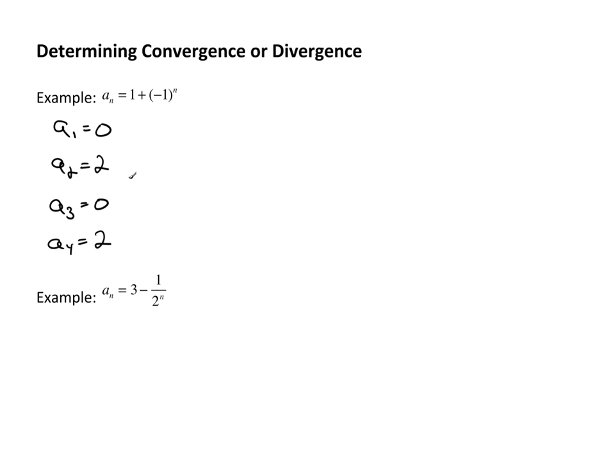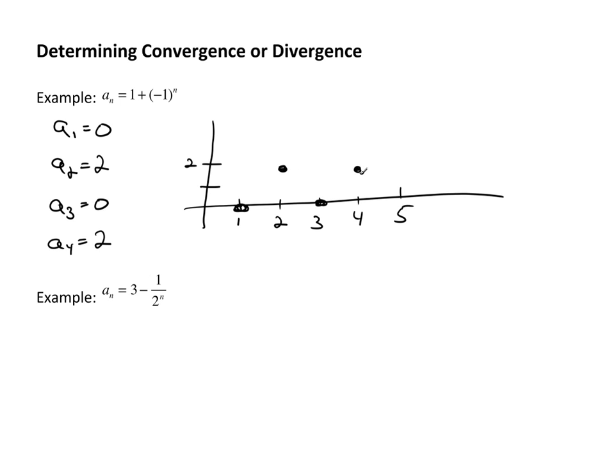So you can see what's going on here. If I were to graph this, 1, 2, 3, 4, 5, that's good enough. At 1, I'm at 0. At 2, I'm at 2. At 3, I'm at 0. At 4, I'm at 2. So I get this thing going up and back down, and then back up.